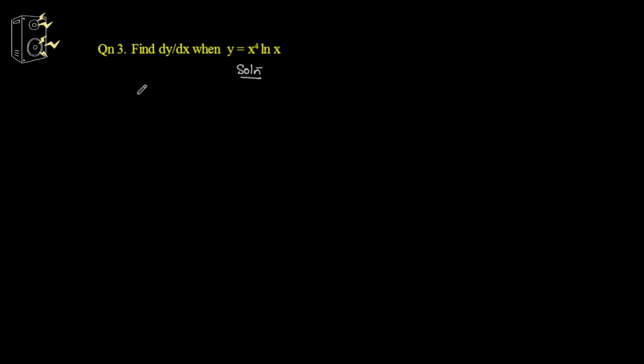So we're given a function here that is y equals x to the power of 4 ln x. So we can let u be x to the power of 4, and then v equals ln x.